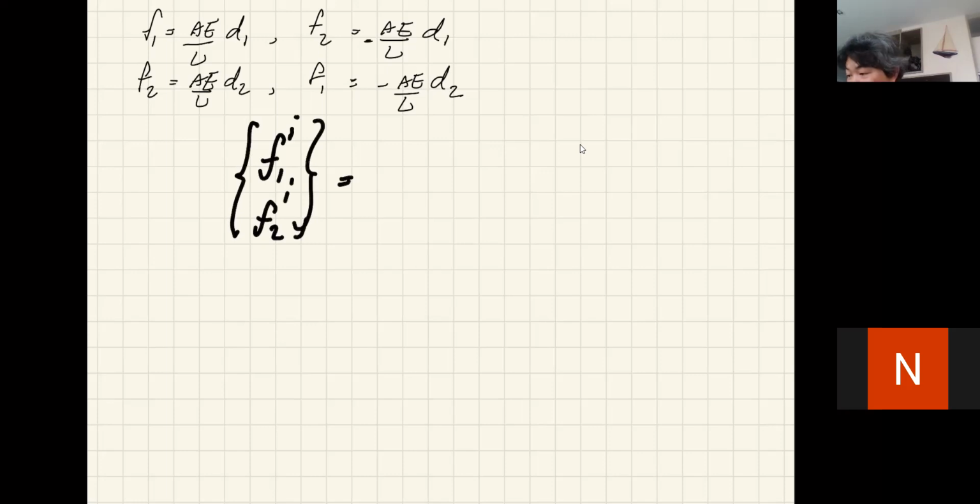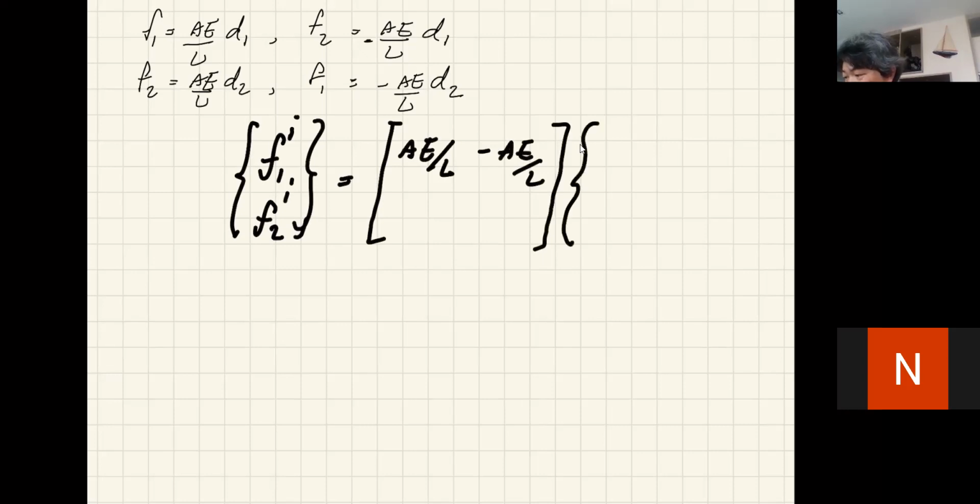Okay, now if it's F1, what do we have? It's AE over L and minus AE over L, right? If it's F1, this shall be multiplied by D1 and then D2 of member i.